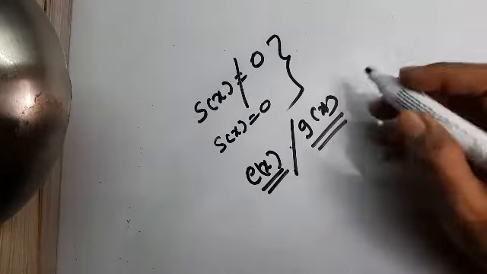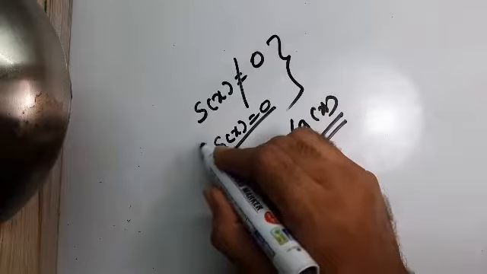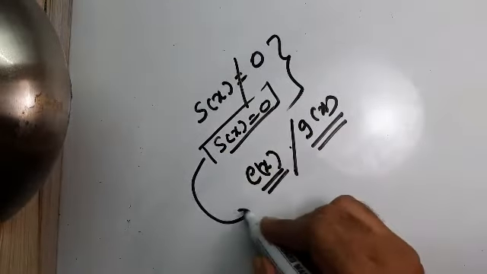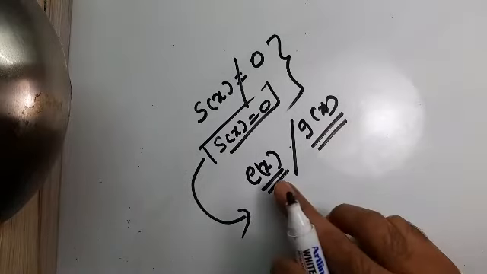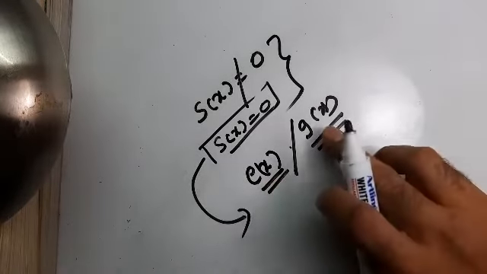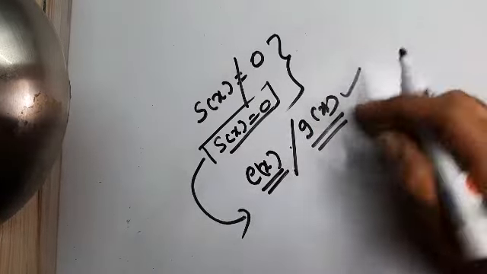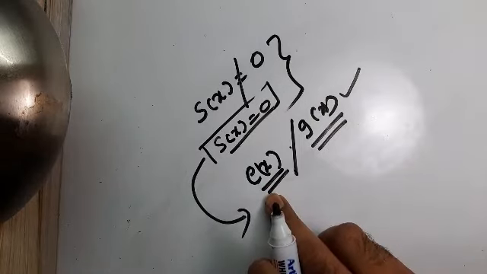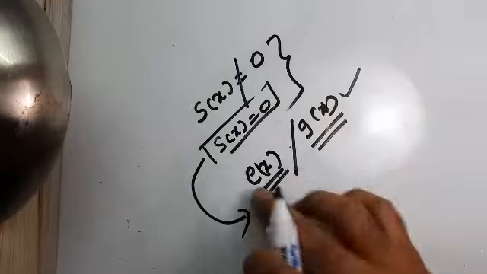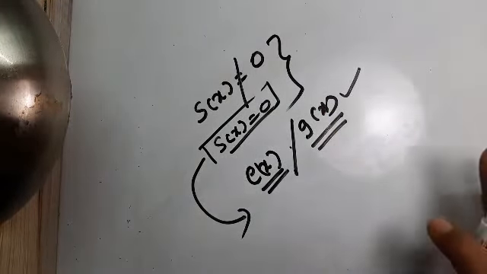So there is a possibility that S(x) equal to 0 will not indicate that the received code word is free from error. If the selected generator is capable of dividing the error, then the whole system will not be able to detect the errors.